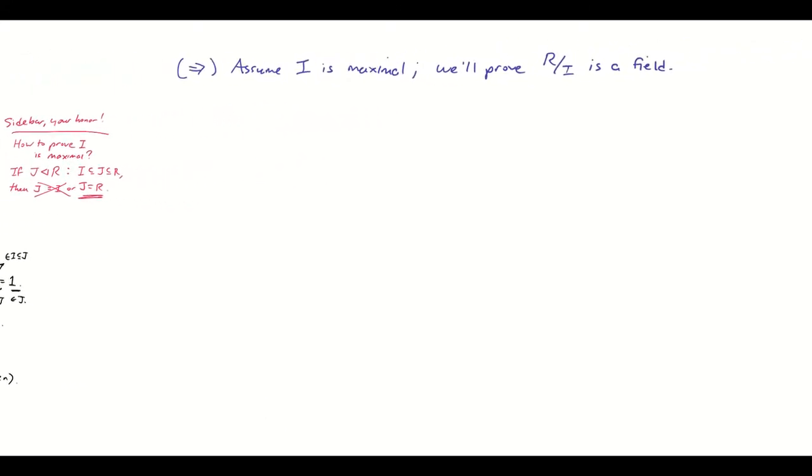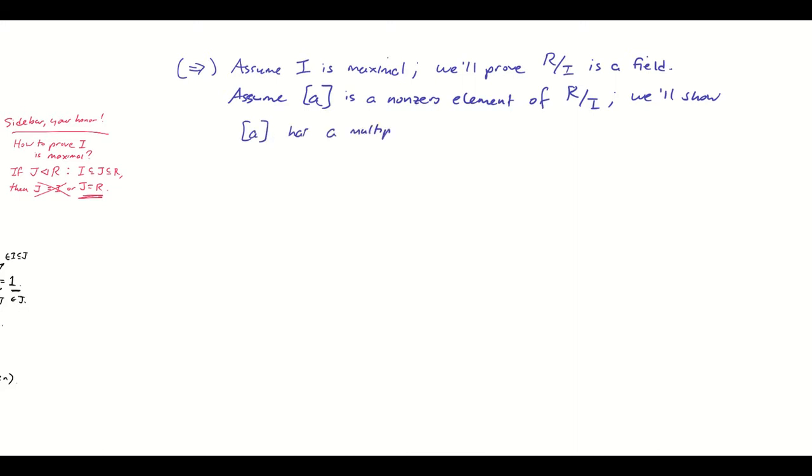We will assume that brackets A is a non-zero element of R mod I. We will show brackets A has a multiplicative inverse in R mod I. That's the name of the game.